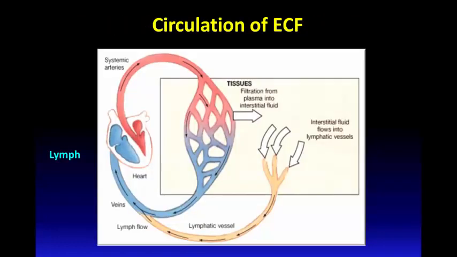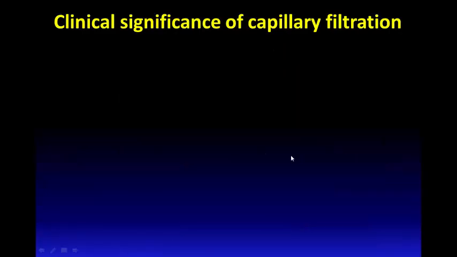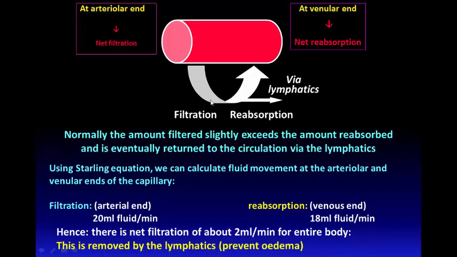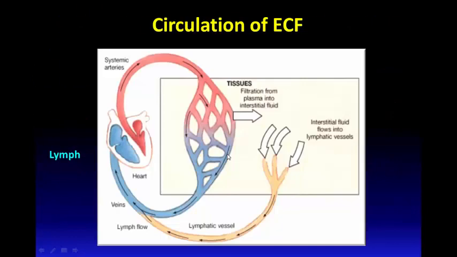Now, it is very important that the excess filtration fluid, which doesn't return back by reabsorption, is returned back to the circulation via the lymphatics. And here we have a figure which summarizes the circulation of the extracellular fluid.